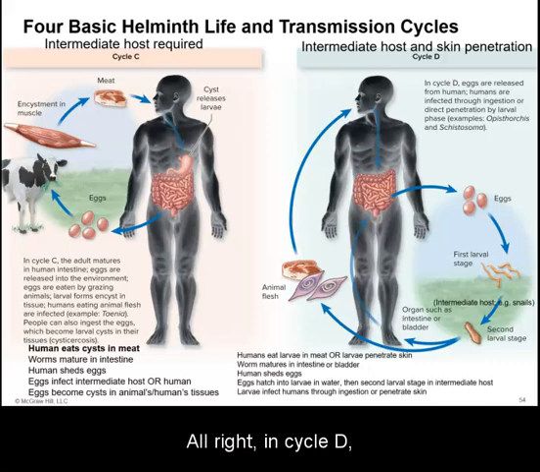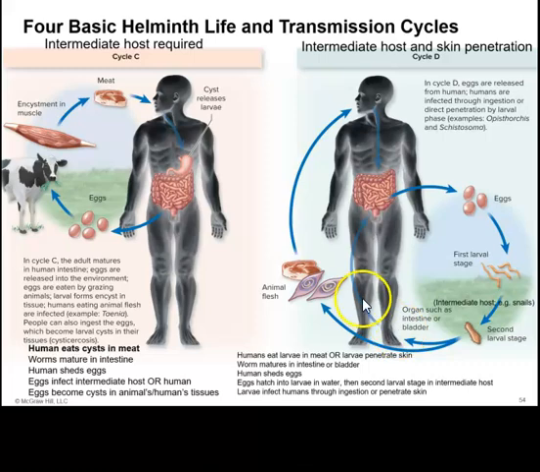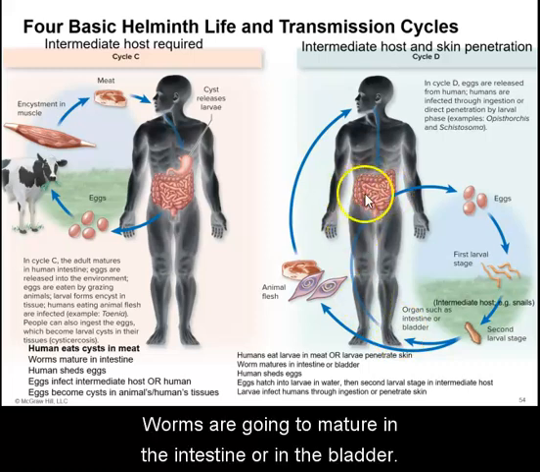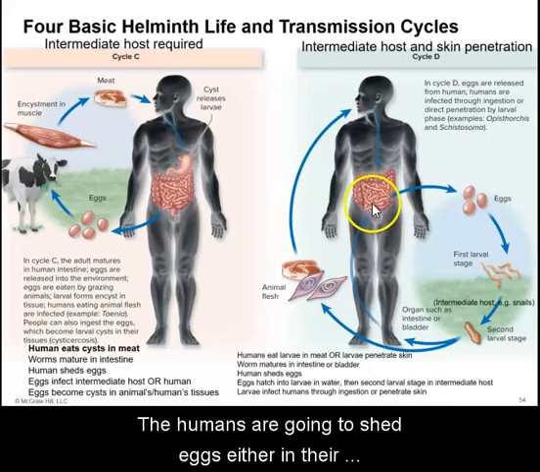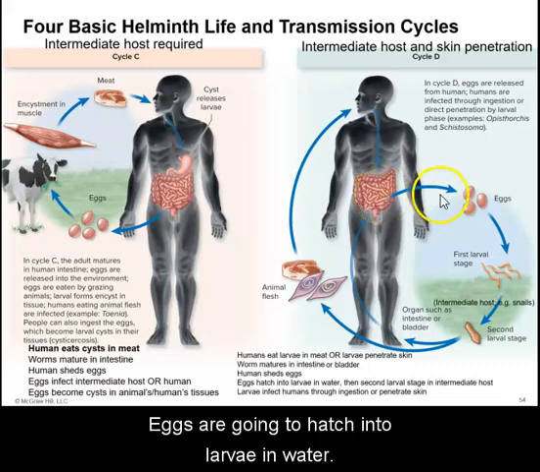All right, in cycle D, humans eat larvae either in meat, or the larvae penetrate the skin. Worms mature in the intestine or in the bladder. The humans shed eggs, either in their feces or in their urine. Eggs hatch into larvae in water.